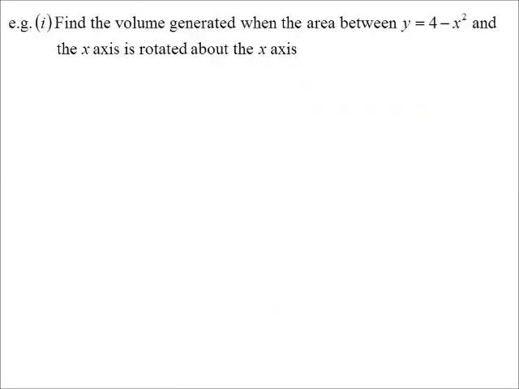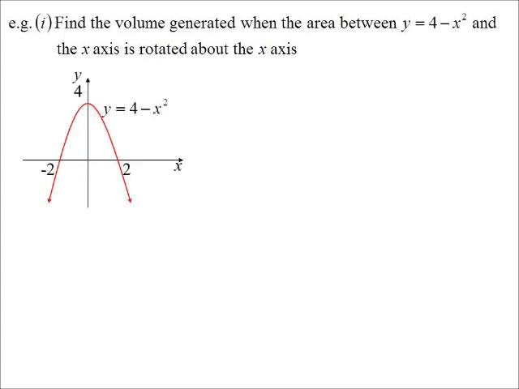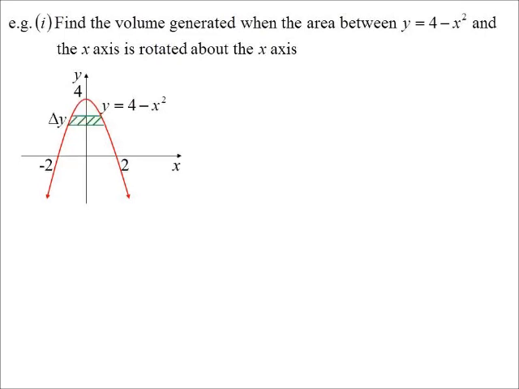Let's try the same question from yesterday, but we'll now do it with cylindrical shells. So the volume is our upside down parabola, and we were rotating it about the x-axis. Yesterday we took a vertical slice, we're now going to take a horizontal slice and go parallel. So the thickness will be in terms of y.